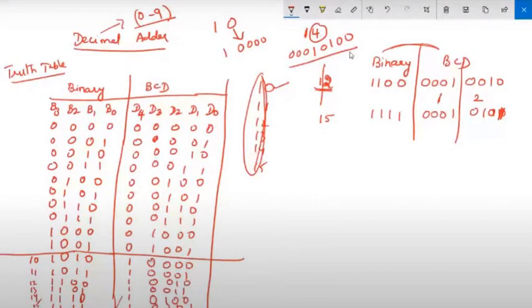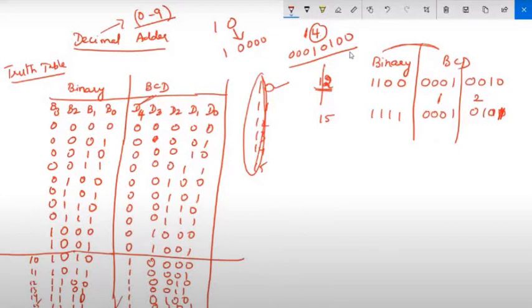So we are introducing one more bit called D4, and D4 will be 1 after 9. From 10 till 15 we have to include D4 as 1, and the corresponding binary equivalent should be written for D0 till D3, right? So this is the truth table we have obtained for binary to BCD.